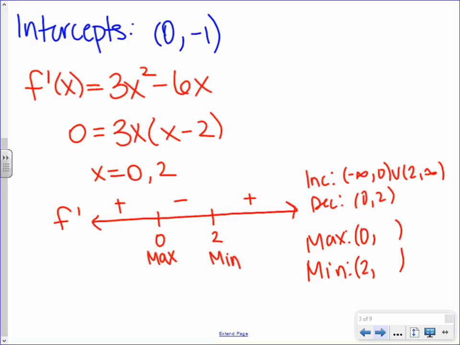Since we're actually creating this graph, we need to know these coordinates. Okay, so go back up to the original function. Madison, what do we get when we plug in 0? -1, we've already found that coordinate. Okay. And Madison, what about when we plug in -2 or +2?